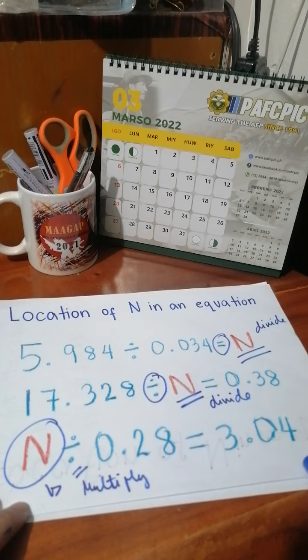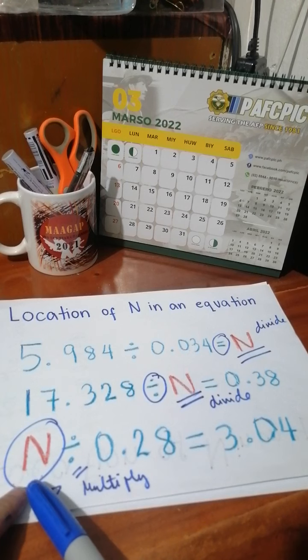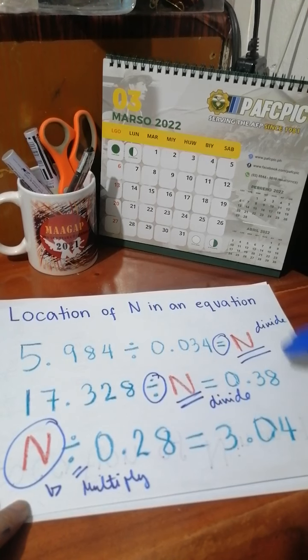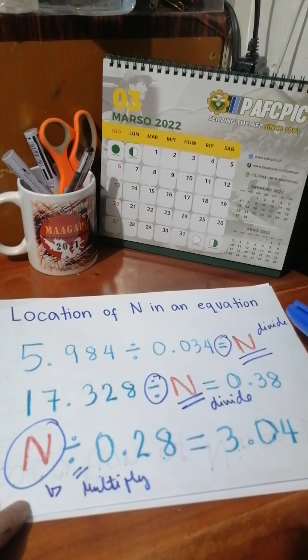That is because ang hinahanap natin dito ay yung dividend. Dito sa gitna, ang hinahanap natin ay divisor. At dito, sa pinakahulihan, ang hinahanap natin ay yung quotient, or simply yung answer ng division.